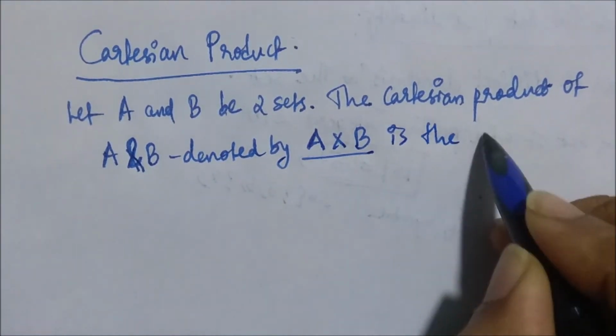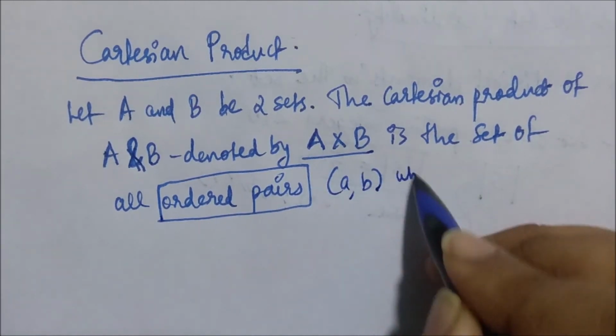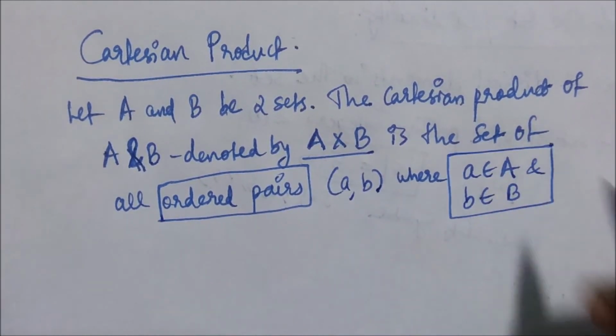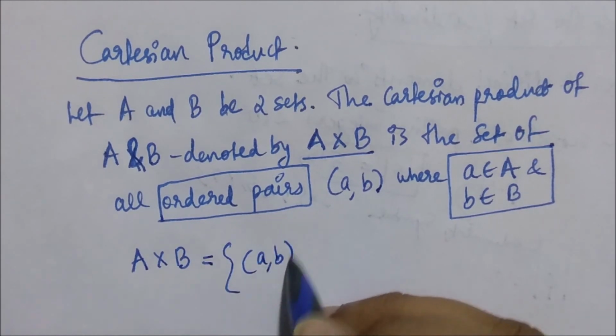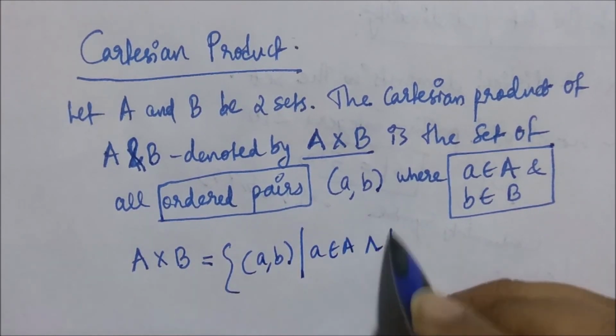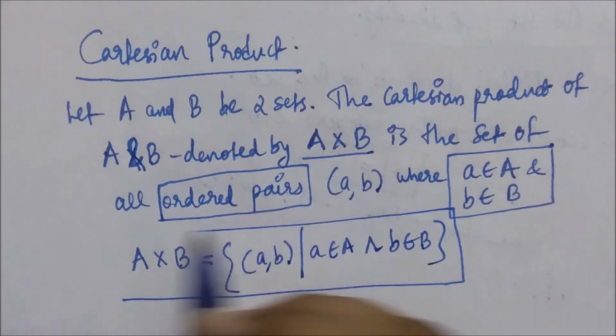Now there is ordering. It is not unordered. Now we are talking about the ordered tuple (a, b), where a belongs to capital A and b belongs to capital B. So in other words, we can write A cross B as the set of all (a, b) such that a belongs to A and b belongs to B.